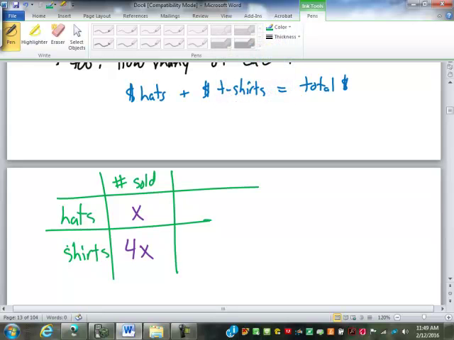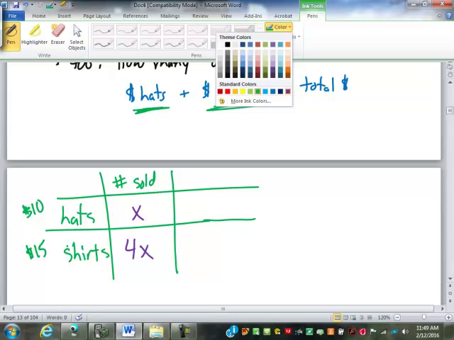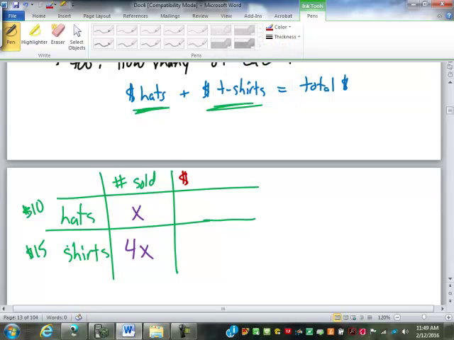Again, we could use H or whatever letter we wanted to. But you'll notice up here, it's not the number of hats and the number of shirts that are added together, it's the dollar amounts from each. Hats were sold for $10 each, shirts for $15. So what we need to have next here is the dollar amount for each.